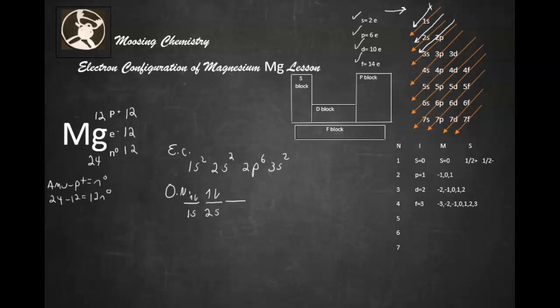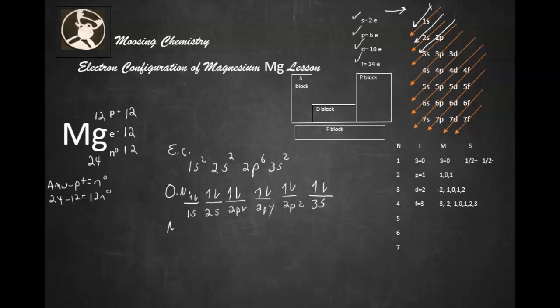Excellent. 2px, 2py, 2pz. 1, 2, 3, 4, 5, 6. And then we go 3s. Up and down. That's it for that part of it.